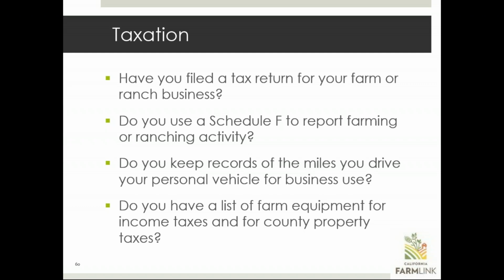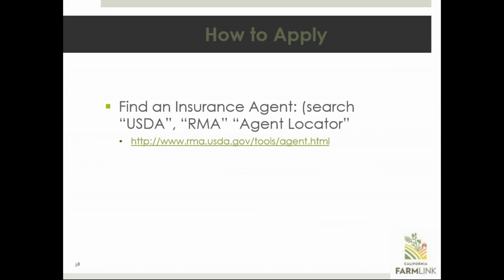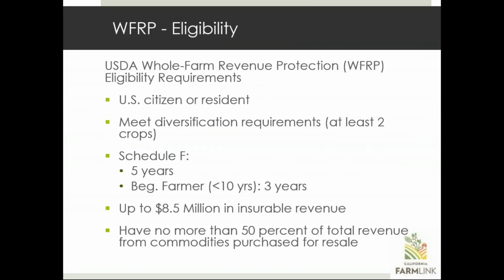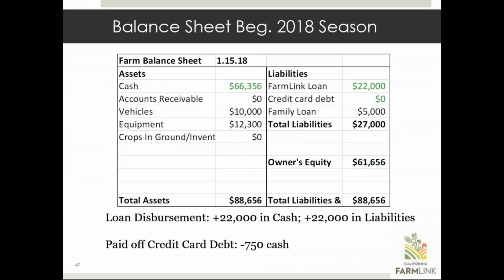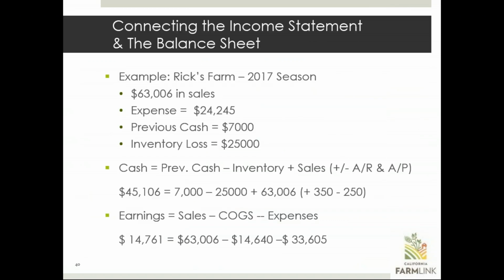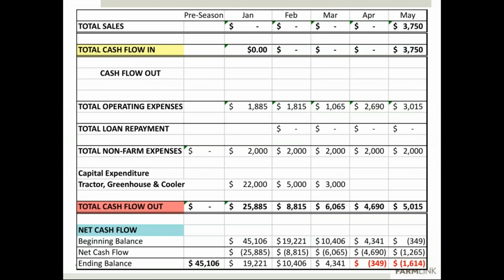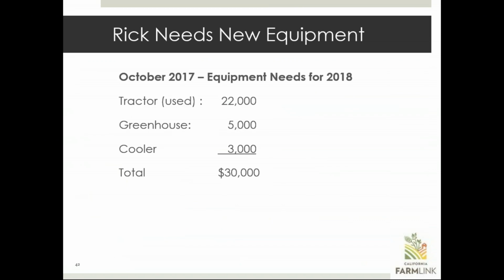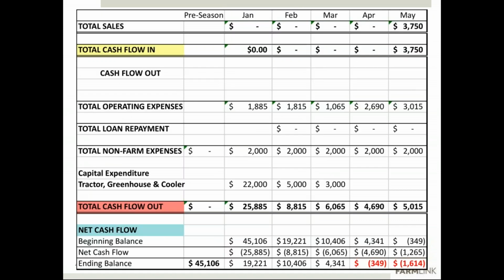And let's see. So there was a question on slide 43, and I'll move back up to that. On the ratios, I think it was. It's after the Rick needs new equipment on the cash flow.